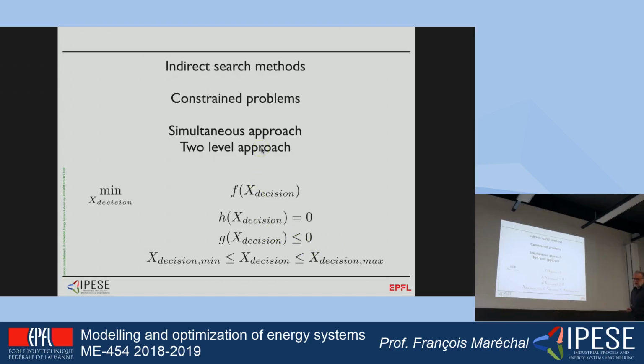And this kind of approach will be well suited when you formulate the problem as a simultaneous problem, where you do not really decide which are the decision variables, but you look at the whole set of variables at the same time, or in the two-level approaches in which some of the constraints will be solved in an internal procedure, but you will have to find the value of the decision variables in such a way that at the same time they minimize the objective function and they satisfy constraints which are nonlinear, so a set of equality and a set of inequality constraints.